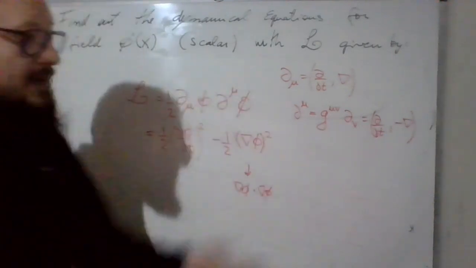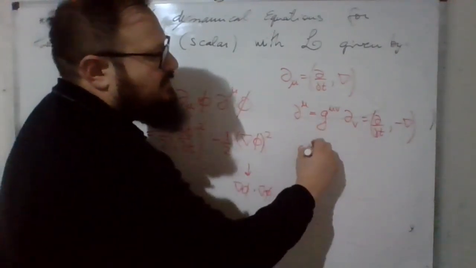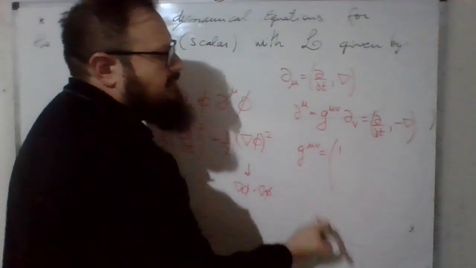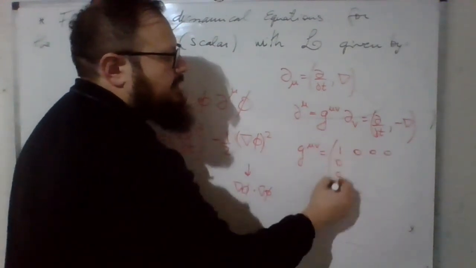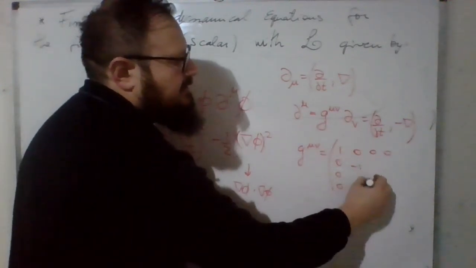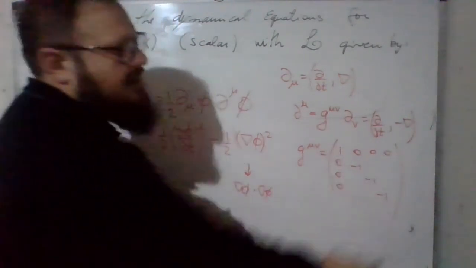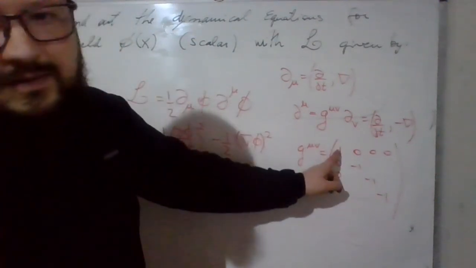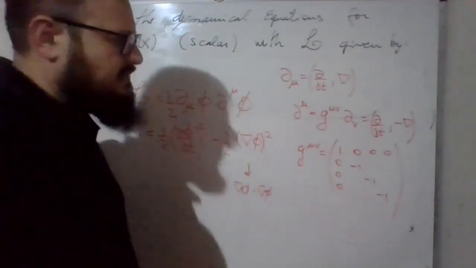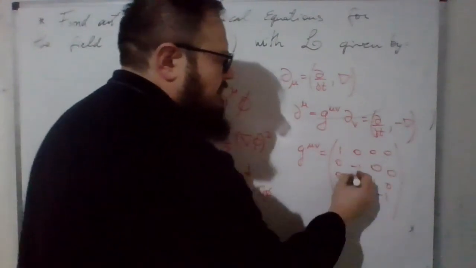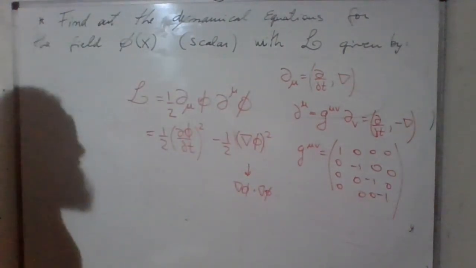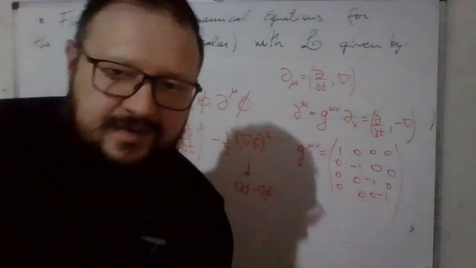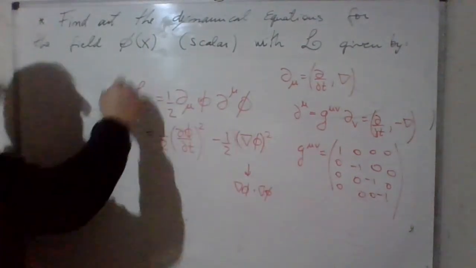In some convention, the metric tensor is just a diagonal matrix composed by ones in the diagonal, but the space components are -1, and the time component is +1. So you have a matrix like that. Okay, something like that. All right. So this is it. This is for a scalar field.